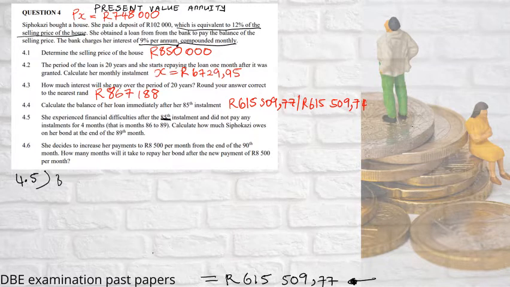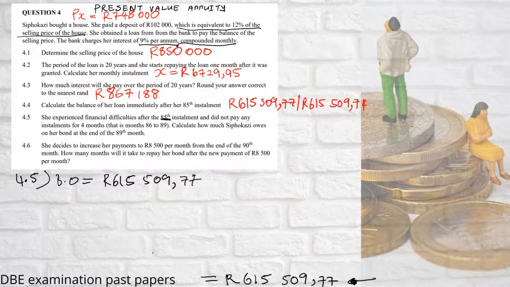We know that the balance outstanding is 615,509.77. Then we are saying she experienced financial difficulty for 4 months. How much does Sibokazi owe on her bond at the end of the 89th month?